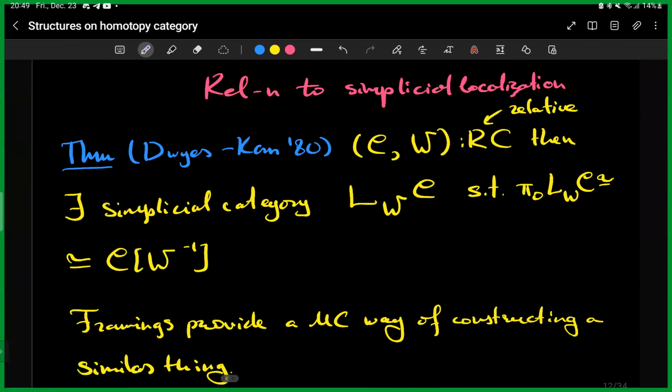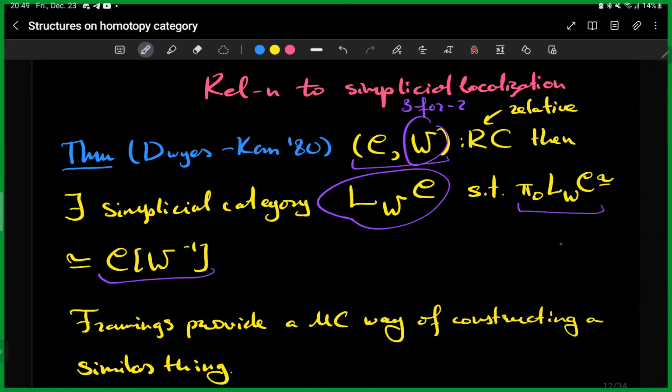Another small digression which I wanted to make is the relation of this construction to simplicial localization. It is well known that if we have a relative category, meaning that we have a wide subcategory W inside of C which satisfies the 2-out-of-3 property, then there exists a simplicial category L^W C such that if we take pi0 of this simplicial category, then we get just the usual localization.